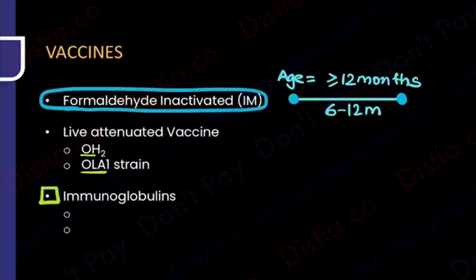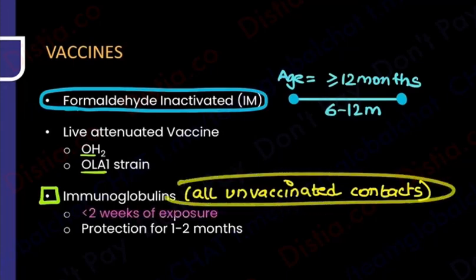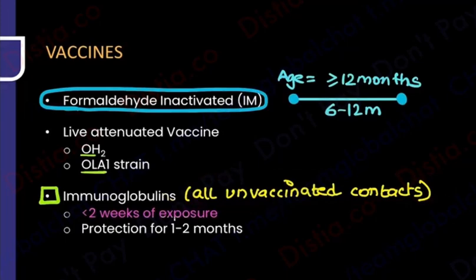But whom do you give immunoglobulins to? This is there for hepatitis A as well as hepatitis B. Immunoglobulin will always be given to someone who is not vaccinated and has undergone some kind of an exposure. For example, someone in the house has hepatitis A and then someone is living with him and that person is unvaccinated.